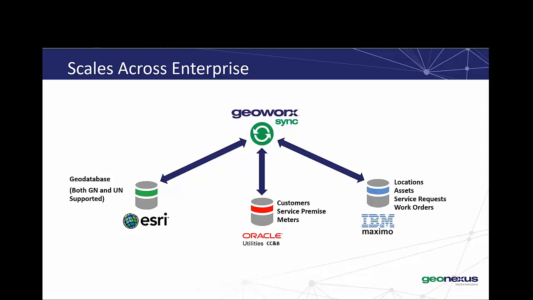That meter may also have a home in your asset management system because it's a fixed asset that you have to account for and maintain in your organization and maybe have inventory for. Well, that meter also has a location and a spot in your GIS system for connectivity and for tracing and for identifying customers that are out of service based on an outage. So when you have data across multiple systems, you need a way to synchronize that. So this platform can scale to support one or more of these integration points.